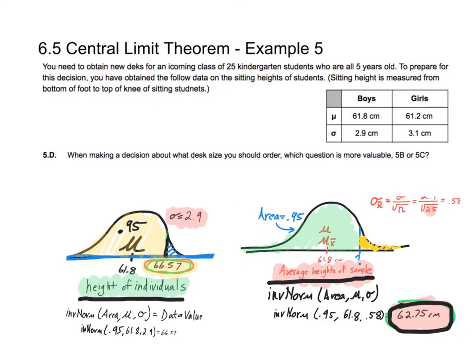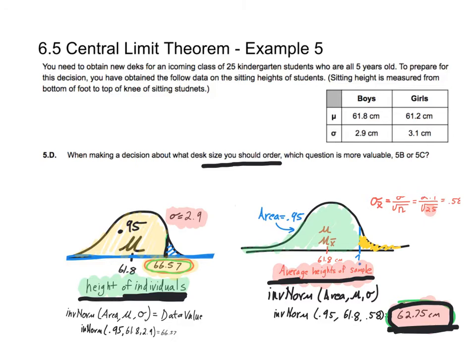That's great. That tells me a lot, but it doesn't tell me anything about the individual students. If I'm trying to make a decision based on what desks I want to order, I'm more interested in the heights of the individuals, not some value that determines the middle number of 25 students. And that's really what the average is telling me. It's just explaining the middle number.